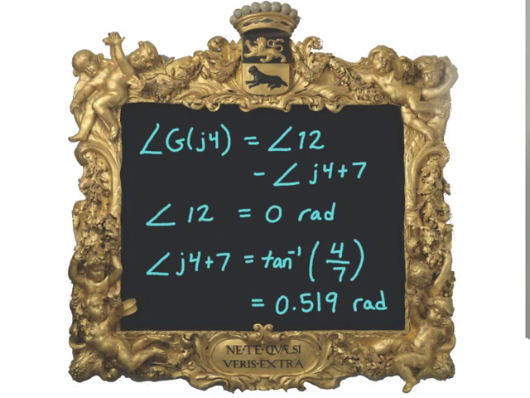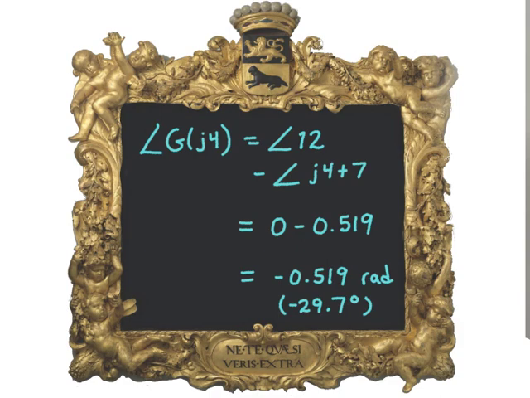The angle of the number 12 is 0 radians, and that's because 12 is on the positive real axis. The angle of j times 4 plus 7 is going to be the inverse tangent of the imaginary part over the real part. So that's the inverse tangent of 4 over 7, which is 0.519 radians.